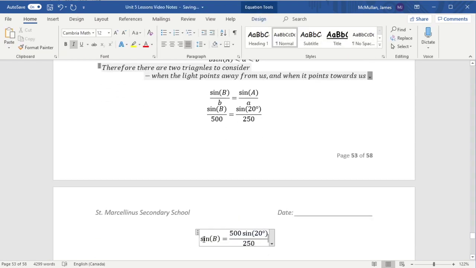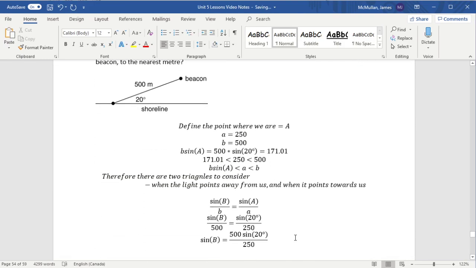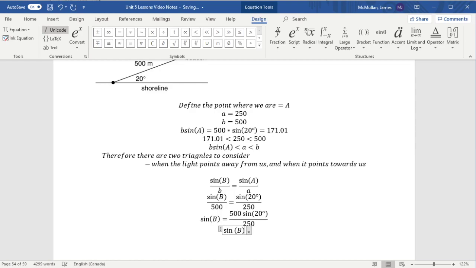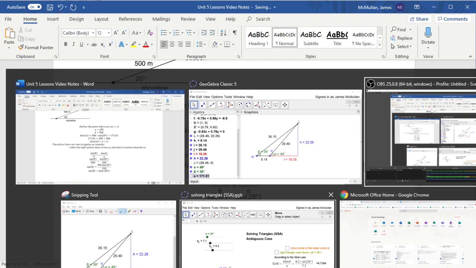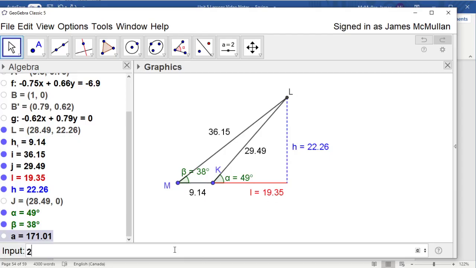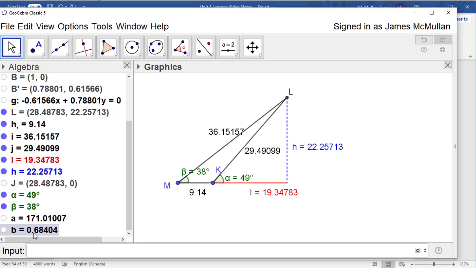And this kind of simplifies nice and easy, right? We can just simplify it to sine B is equal to 2 sine 20, because of course 500 and 250 deal pretty well. So let's go, what's 2 times sine 20? Okay, so 2 times sine 20, we get 0.68. It's not really good enough for what we're doing, so let's keep more decimals. 0.68404.